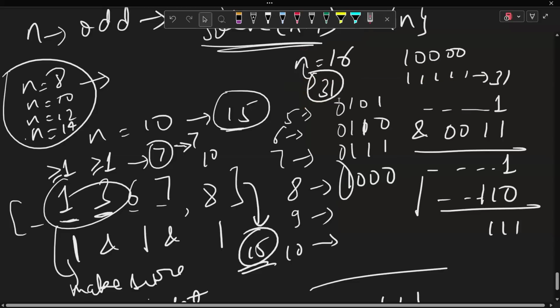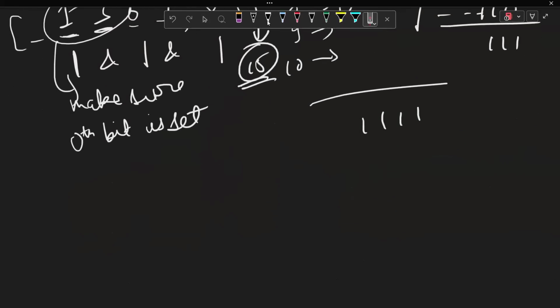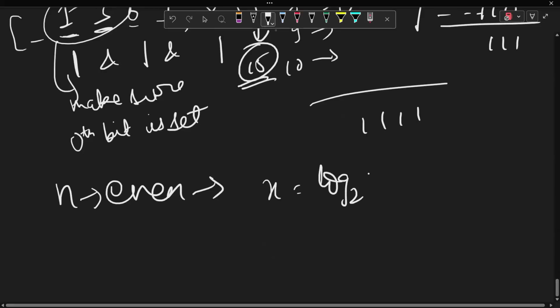Okay, so if you want to get 15, the last numbers you get are 8, 7, 6. If you use these numbers and a 3 and 1, then you get it finally. So if you want to make any number, for the even case, what I'm telling is you would compute x equal to log base 2 of n.